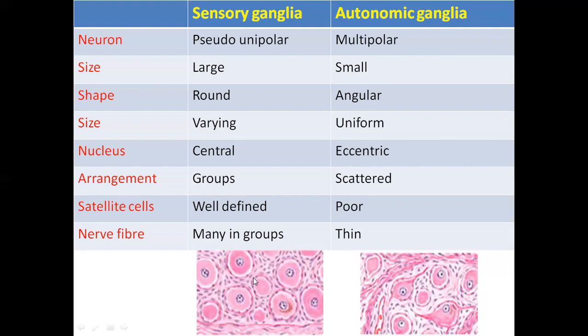Then satellite cells: you can see this blue line as a ring around the cells. These are satellite cells. They are very well defined in the dorsal root ganglion, the sensory ganglion, whereas the scattered satellite cells are not so well defined in autonomic ganglion. Nerve fibers are generally many, in groups, whereas in autonomic ganglion they are thin.